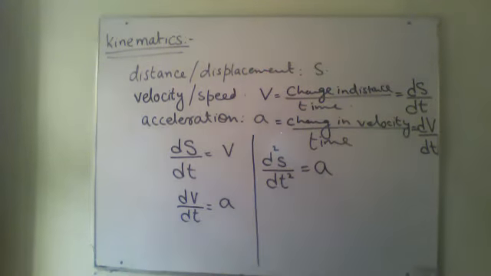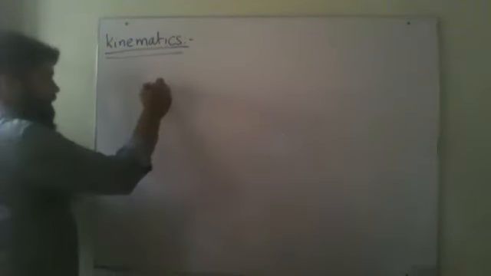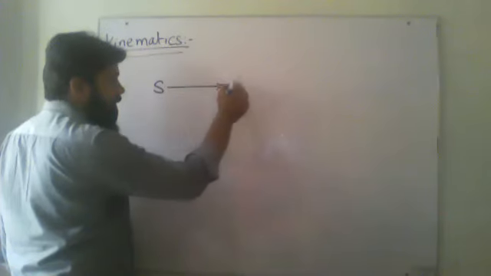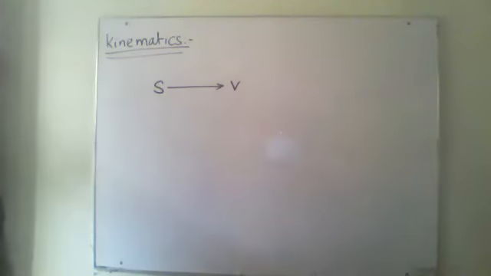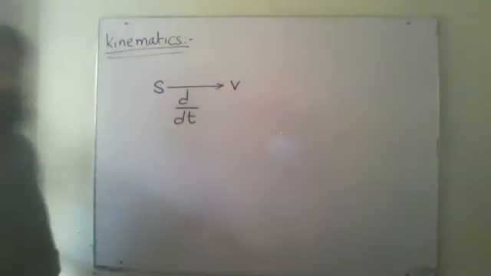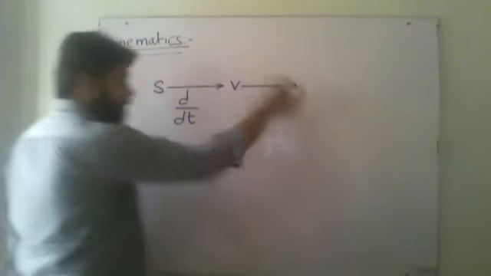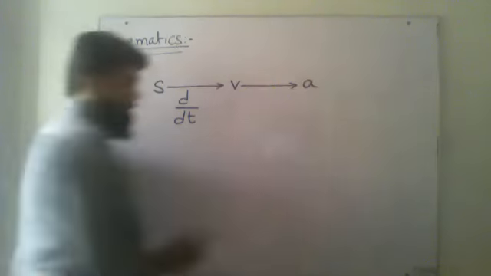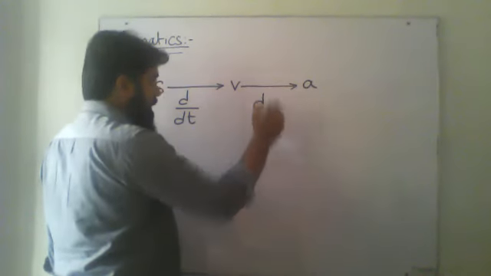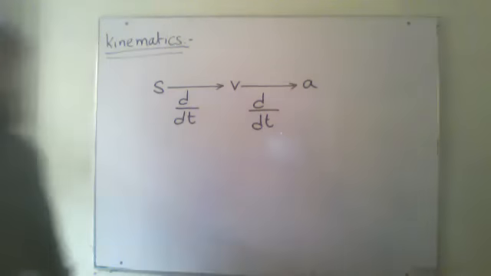So now, if displacement is given and you have to shift it to velocity, you will differentiate with respect to time, right? If velocity is given and you want to go for acceleration, you will differentiate this thing, d over dt, and you will have this.